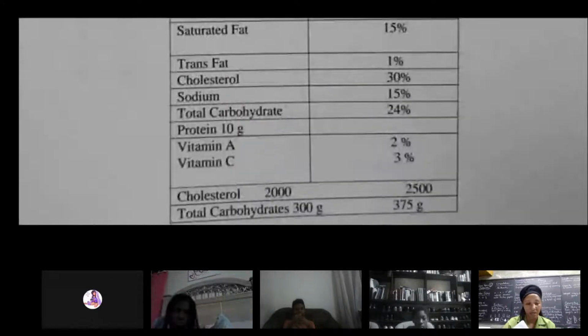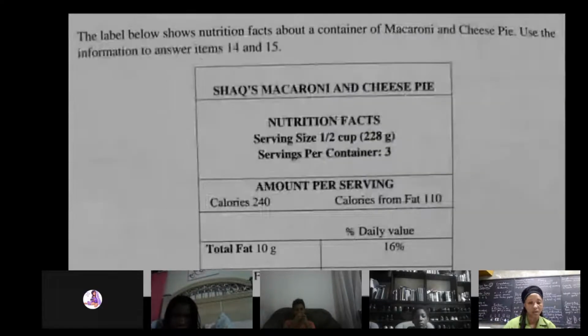So let's go back. He ate 3 servings. Total fat, so there you go. If he had 3 servings, what percentage of the total fat did he consume?